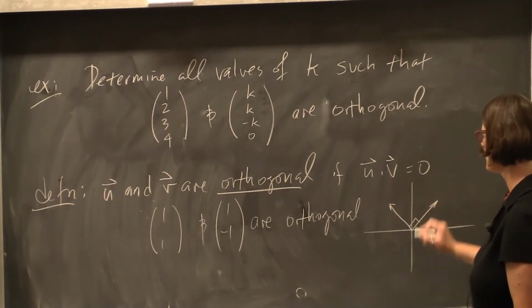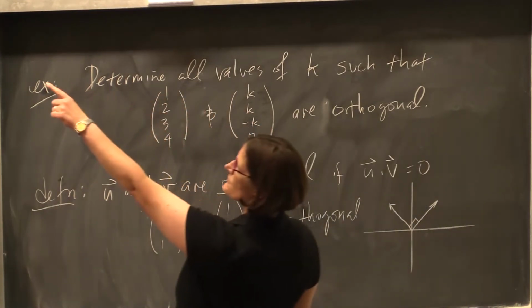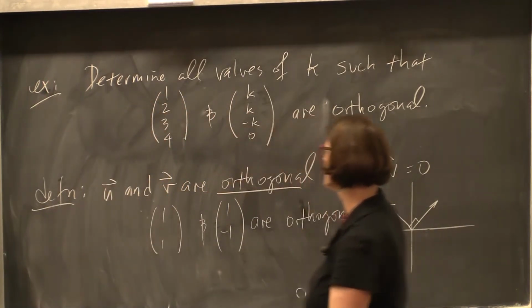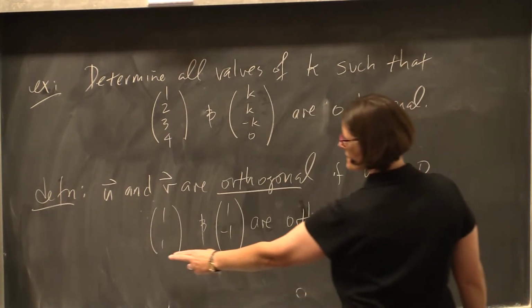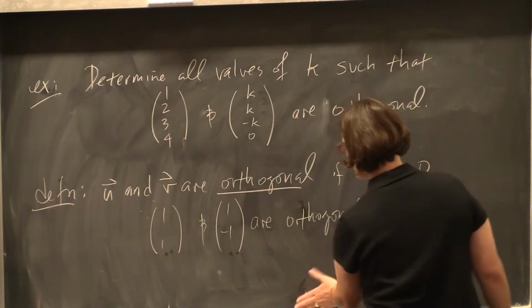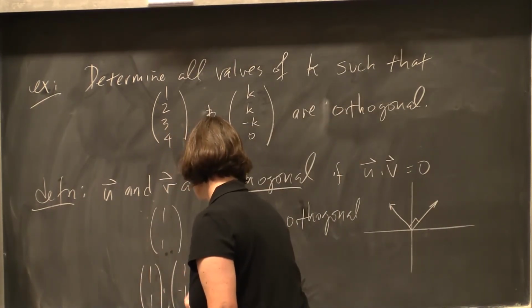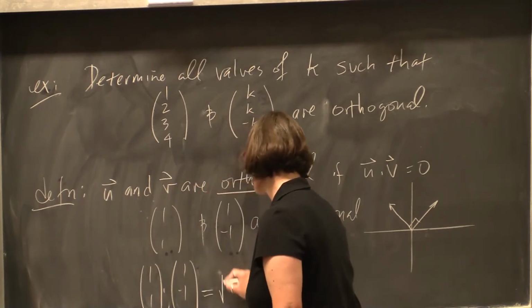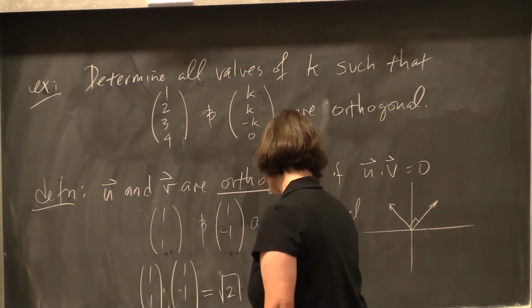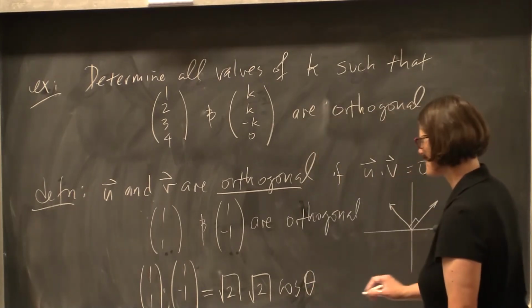That's a 90-degree angle. And u dot v is length of u, length of v, cos theta. The length of this is the square root of 2. The length of this is square root of 2. And so we have that 1, 1 dot 1, minus 1 is equal to the square root of 2 times the square root of 2 times cos theta. That's by a theorem.